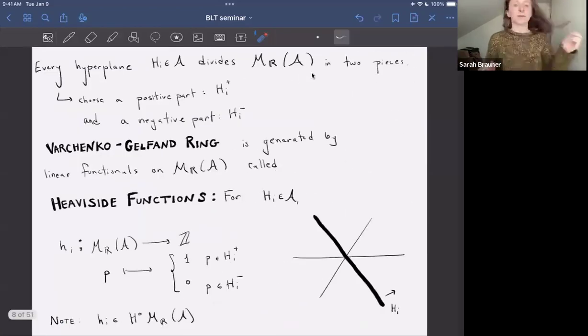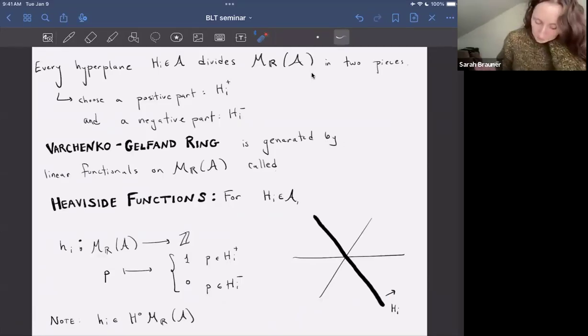Okay, so now I want to tell you about what this Varchenko-Gelfand ring is and how we get its associated graded. So we're thinking about the real complement here. And so every hyperplane I can think about as dividing my space into two pieces because we're in this real complement.